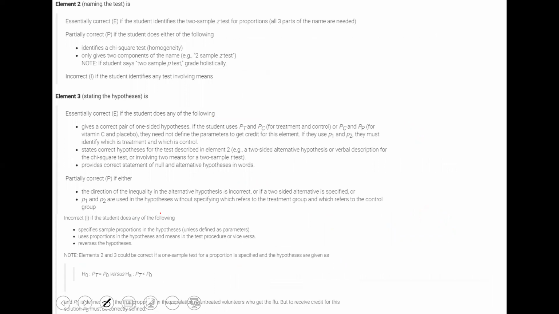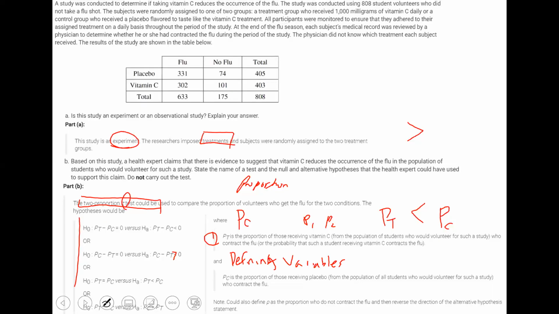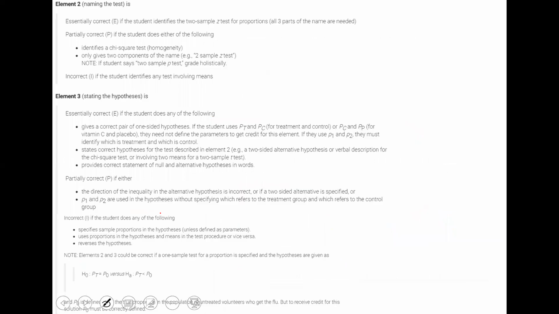So this was how you got your points for part A and part B. I will just mention, I think there were a couple of you who said it was a chi-square. It's not a chi-square. It's a two-sample z test for proportion. Like I said, if you write it exactly like this, that's completely fine. But two proportion z test is also very, very fine, okay?